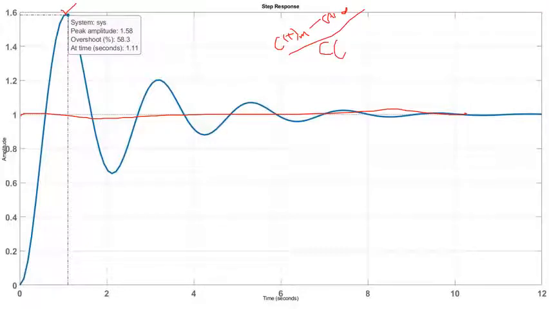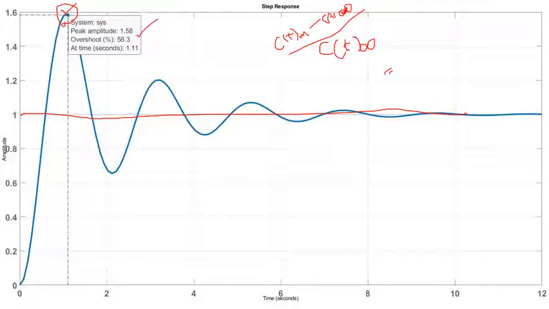This is the peak overshoot formula. Here c(t) infinity is 1, and c(t) max is easily identified using this plot, which is given as 1.58.